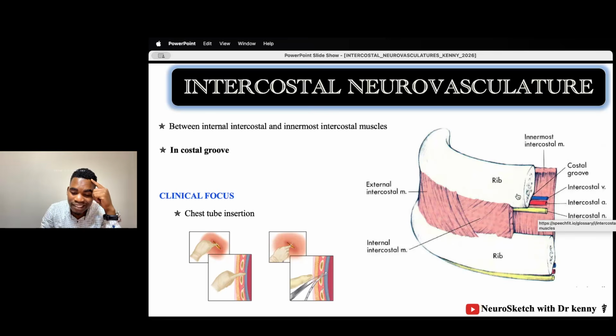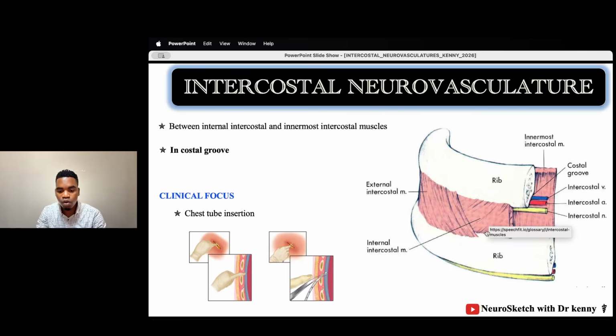But where exactly are they passing? The costal groove. This is the costal groove that these vessels use to pass. This is very important to note because if you want to insert a chest tube or to puncture through the intercostal space for different purposes, it is advised that you go above the lower rib.